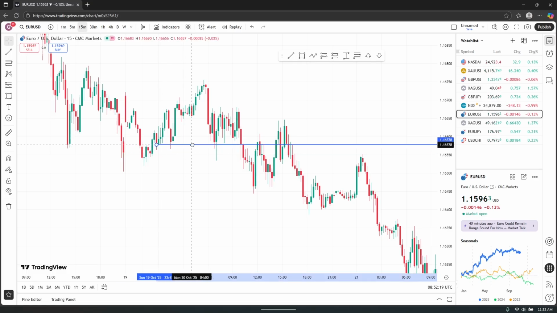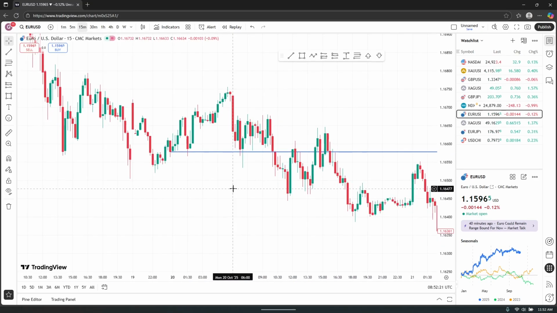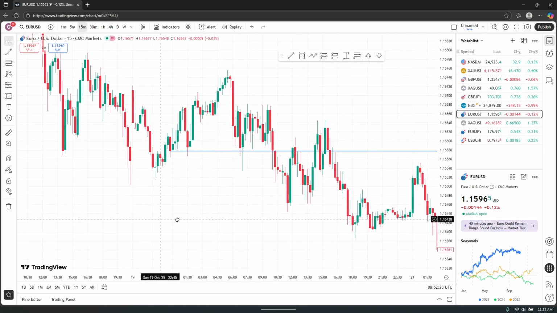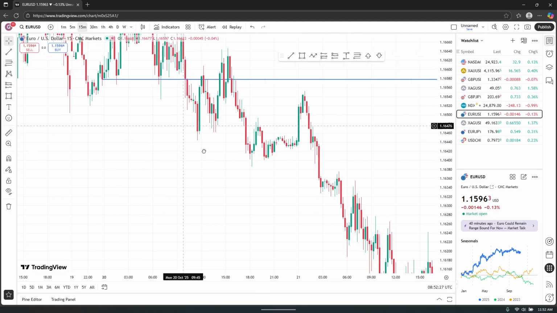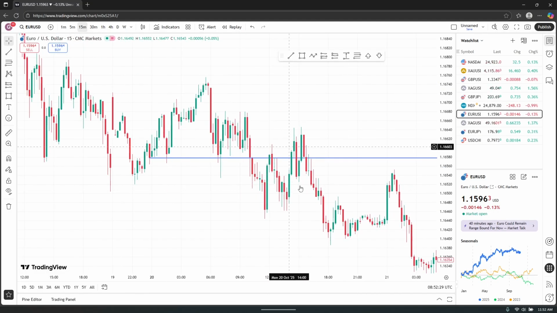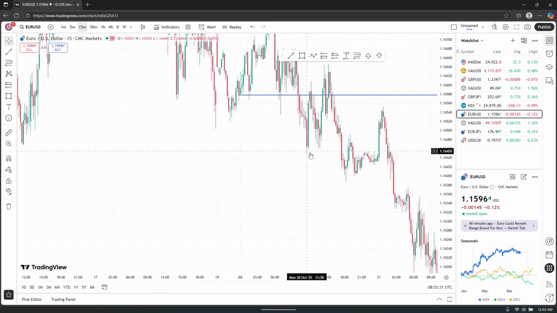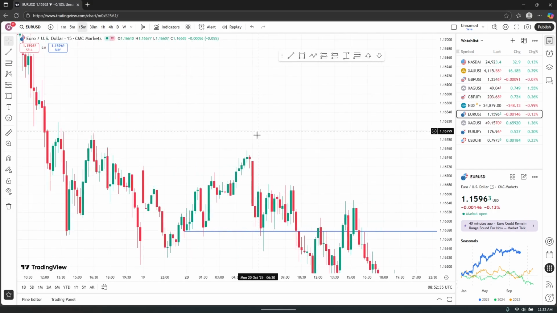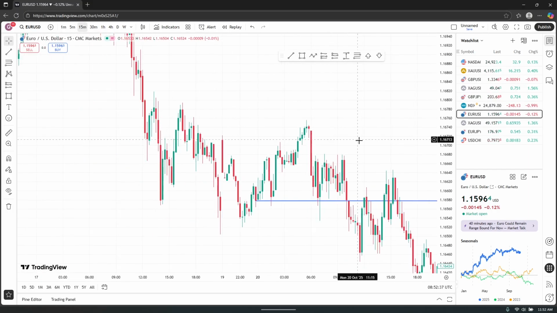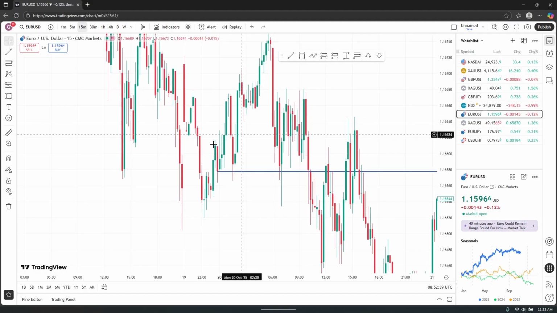Now this is where Monday opened, so price opens, goes up and then drops, and now you want to have a reason why price will give you an expansion lower or keep going lower. We already have a bearish bias according to our analysis from the higher time frame.